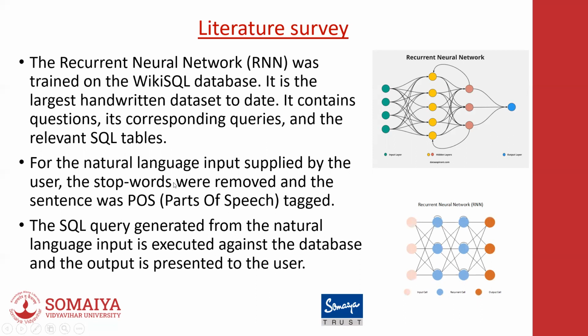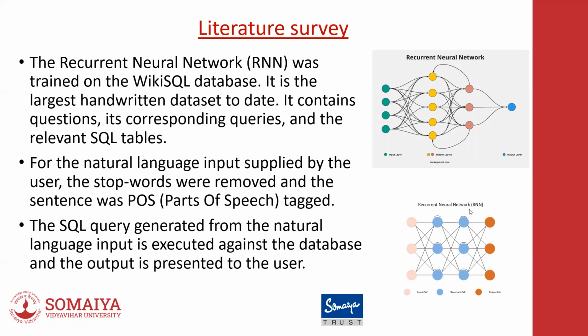Stop words are the most common words in English, like the, for, and, can. Those words were removed because they aren't very important. And then the sentence was POS tagged. POS is parts of speech. So all the important words in the sentence were separated into categories like adjectives, verbs, singular, plural, like that.